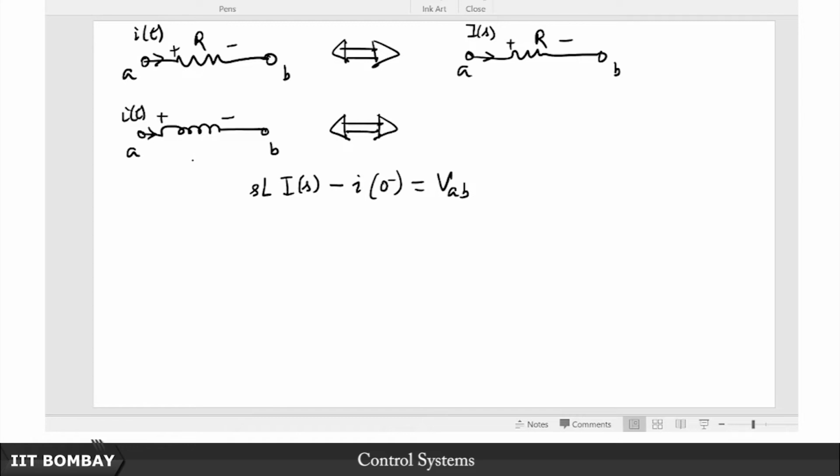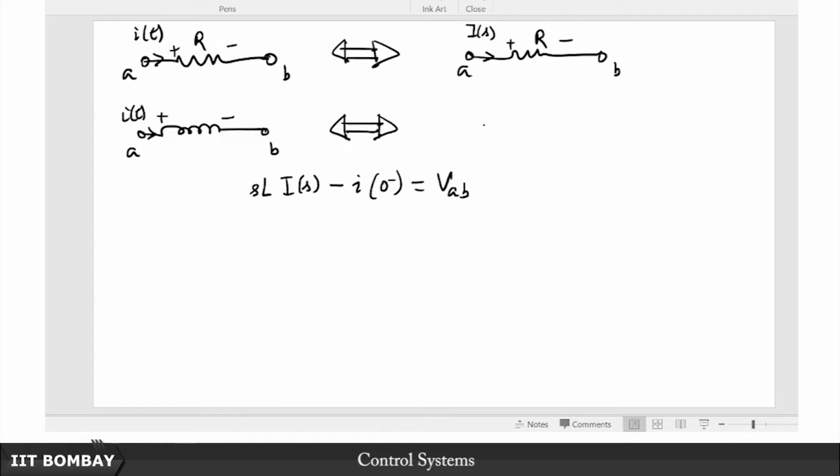So when you want to draw the analogous circuit here, you cannot ignore this unless this initial condition is 0. So how do you go about trying to solve for this? Well, here's the answer to this.